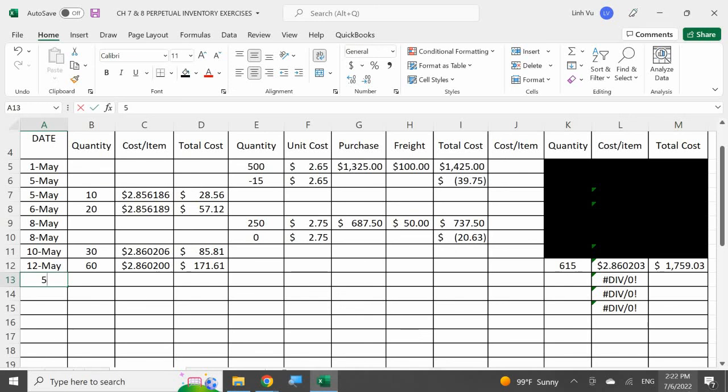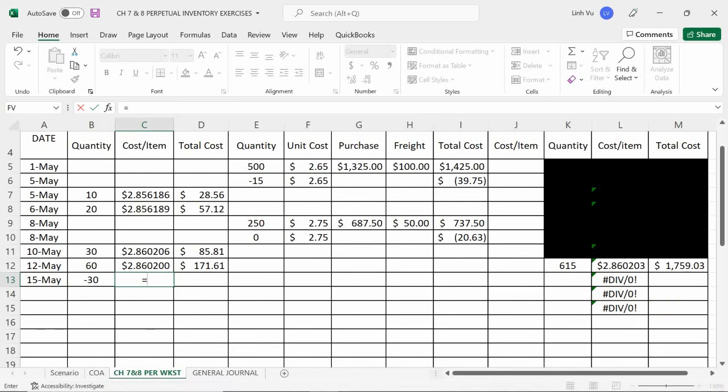All right, and that's what I'm going to do. I'm not going to put the money back from what it was originally costing. I'm going to utilize that new average cost per item and put it back into my inventory accordingly. So in this case, we're going to refund 30 units. My average cost as of right now is $2.86.